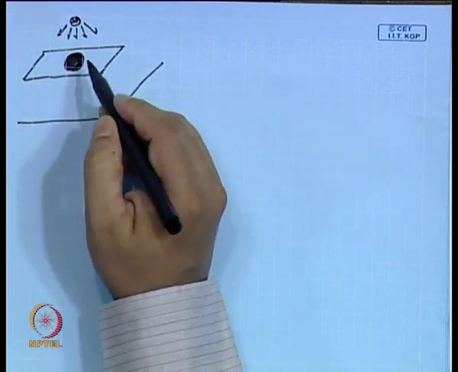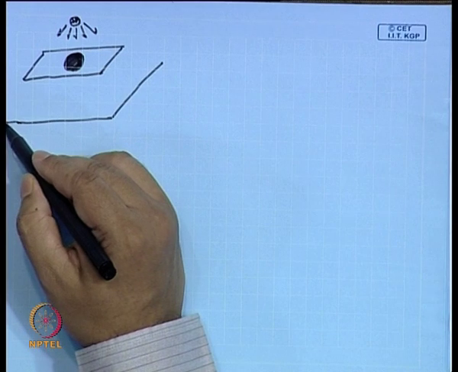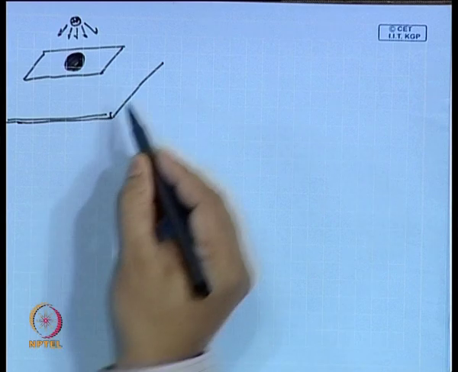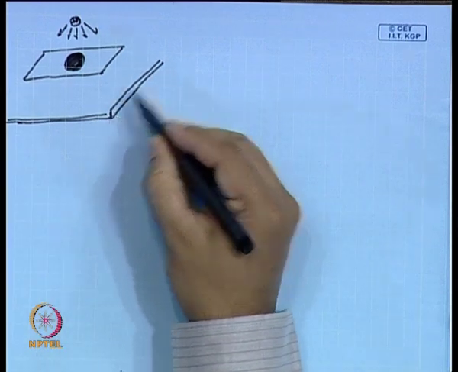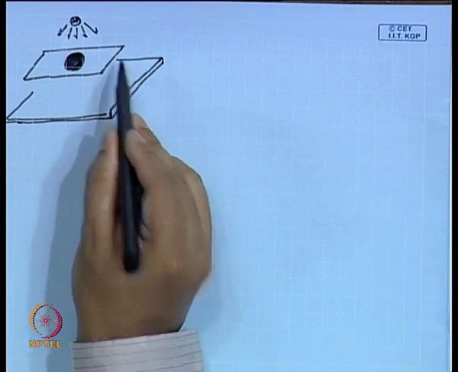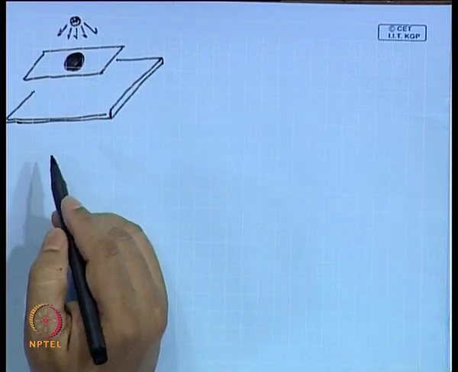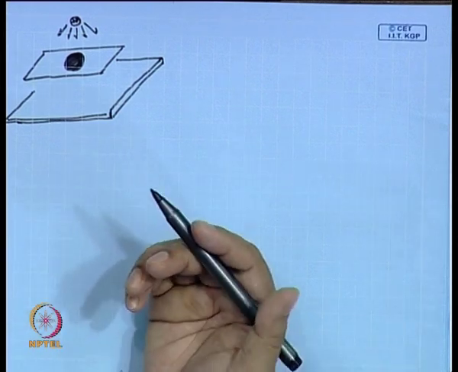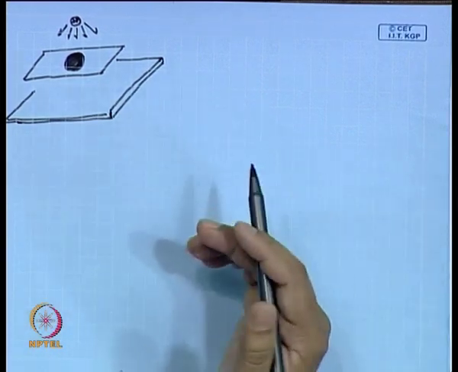Now, this silicon substrate is coated with a photoresist material. That means, this silicon substrate is coated with a polymer. That polymer has some photo solubility. That means, if this polymer is exposed to light of certain wavelength, it becomes soluble to a certain solvent, or it could be otherwise.